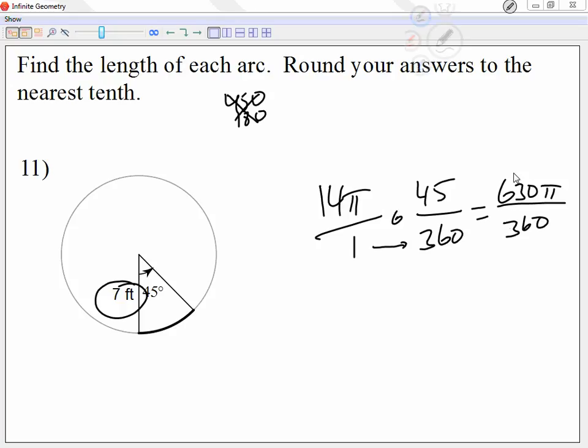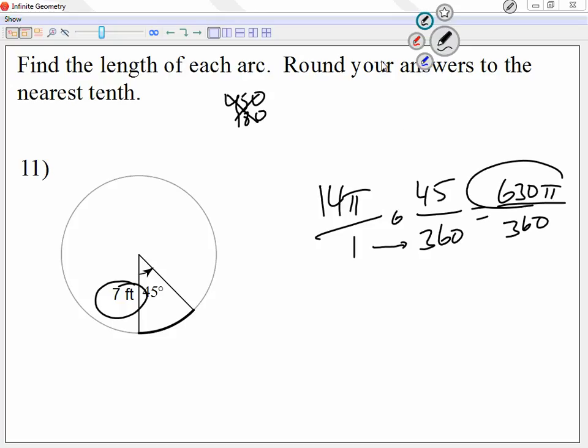The reason why I'm not going to simplify is because on the top I'm going to have to go 630 times pi. I'm going to get my calculator for that. 630 times 3.14, or if it has the pi symbol, use pi. Whatever you get, divided by 360. Remember, you're going 630 times pi, which is a decimal, and then the decimal divided by 360.